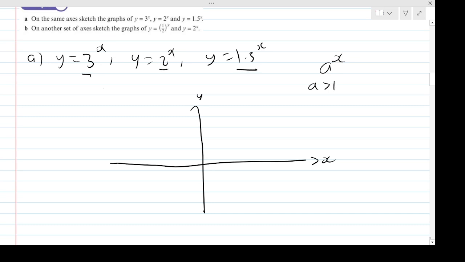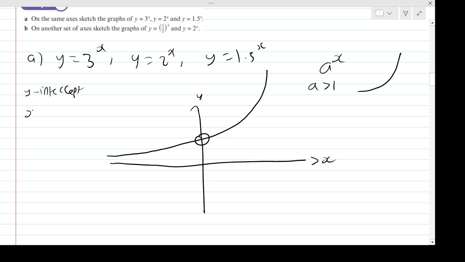It's going to have this sort of shape, going up like that. Then it'll pass through the y-axis when? So the y-intercept, when x is 0, y would be 3 to the power of 0, which should just be 1, because anything to the power of 0 is 1, okay?